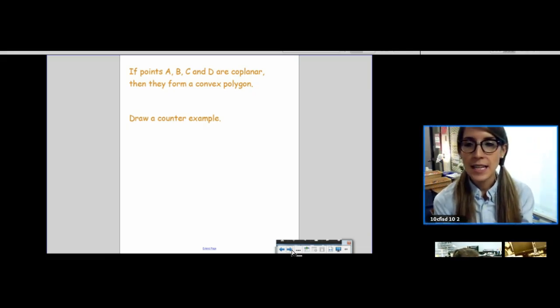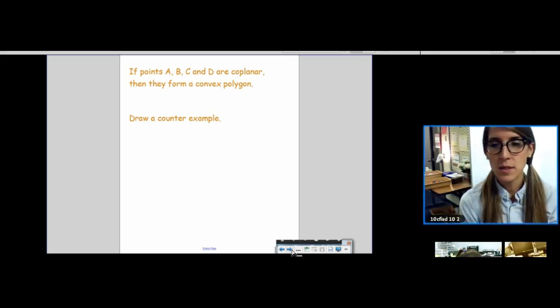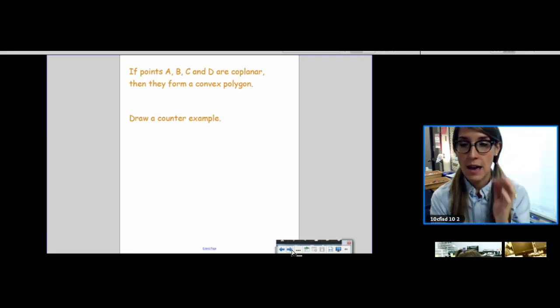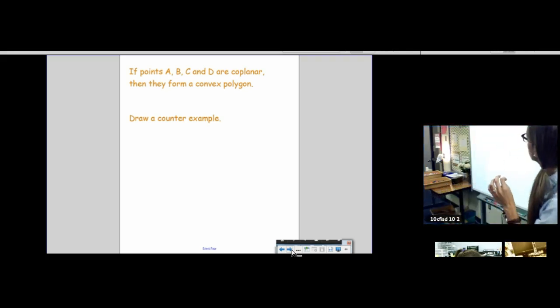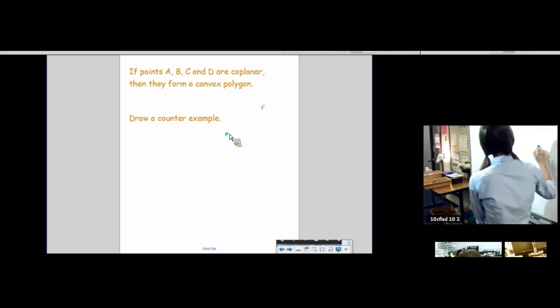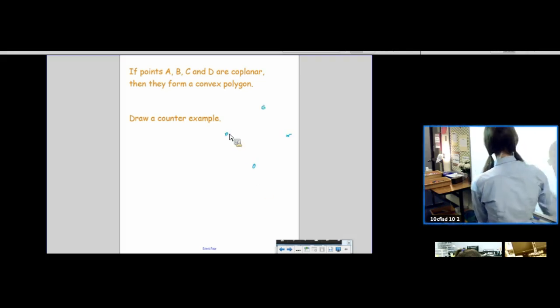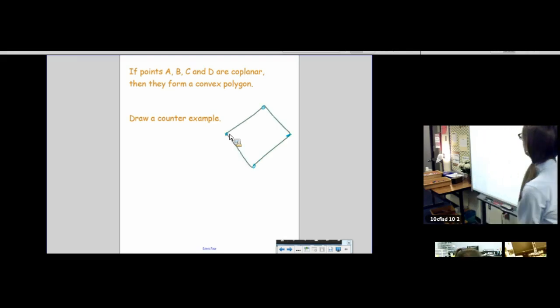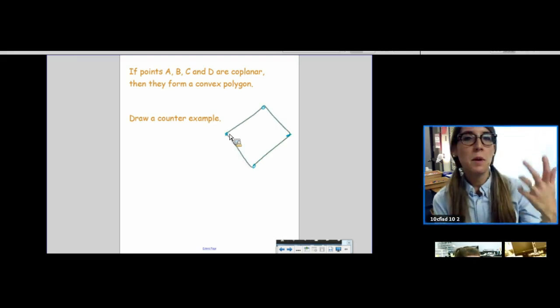If points A, B, C, and D are coplanar, then they form a convex polygon. Draw a counterexample. Do we remember what those words mean? I used them a little bit on day 1, and then we haven't talked about them since. So, would this be a counterexample? Nope, because I did what it wanted me to do.